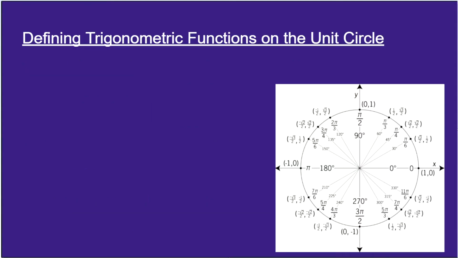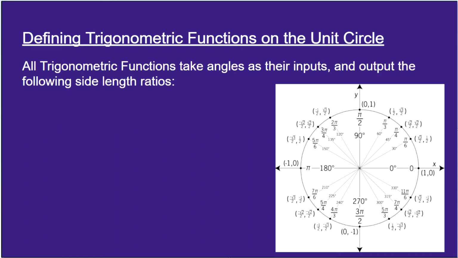To start things off, I'd like to take some time to once again define the trig functions on the unit circle. Remember, y'all, every trig function is going to take angles as its input, and it's going to output the following side length ratios. So that is sine of theta is the y coordinate, cosine of theta is the x coordinate. Now, let me just reiterate something real quick. Remember, guys, the idea was that around the unit circle, you'll notice there's always an x and a y coordinate for any point at any given angle.